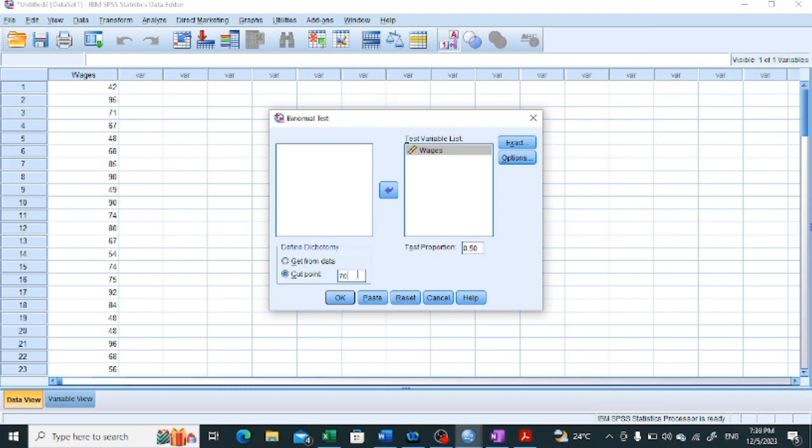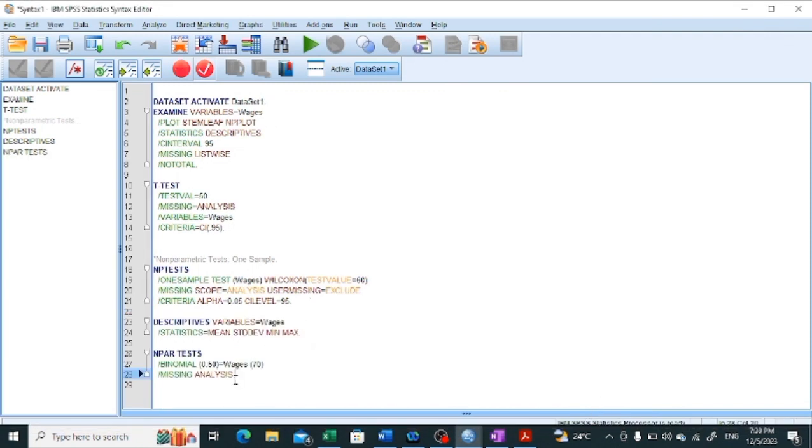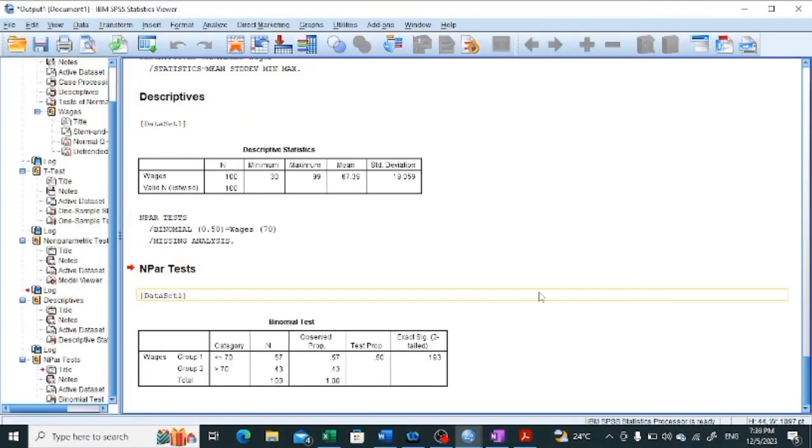The software will create two categories automatically. Now we can see that 57 workers are earning less than or equal to 70, whereas 43 workers are earning greater than $70.